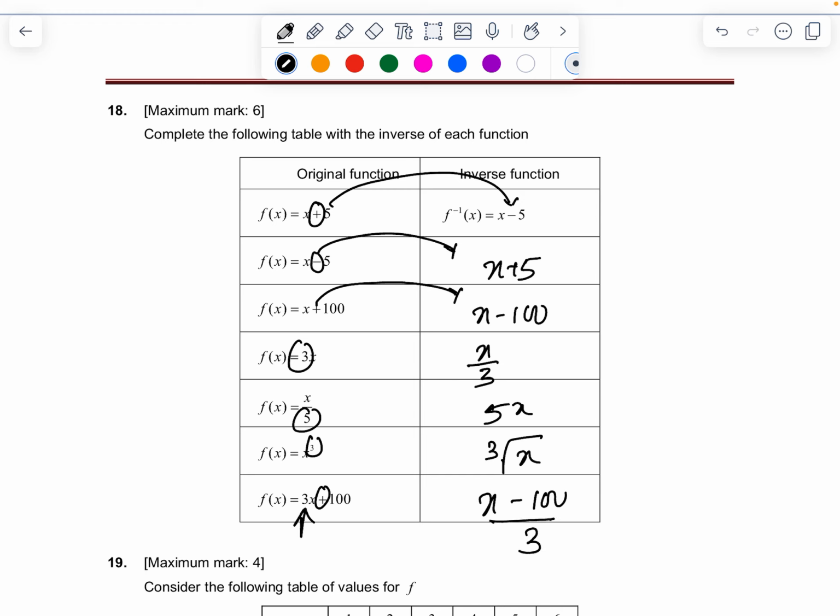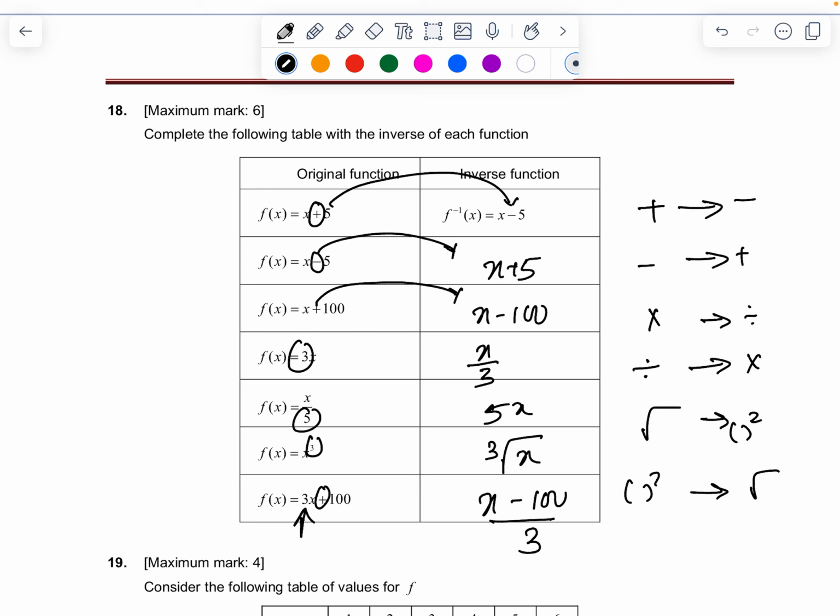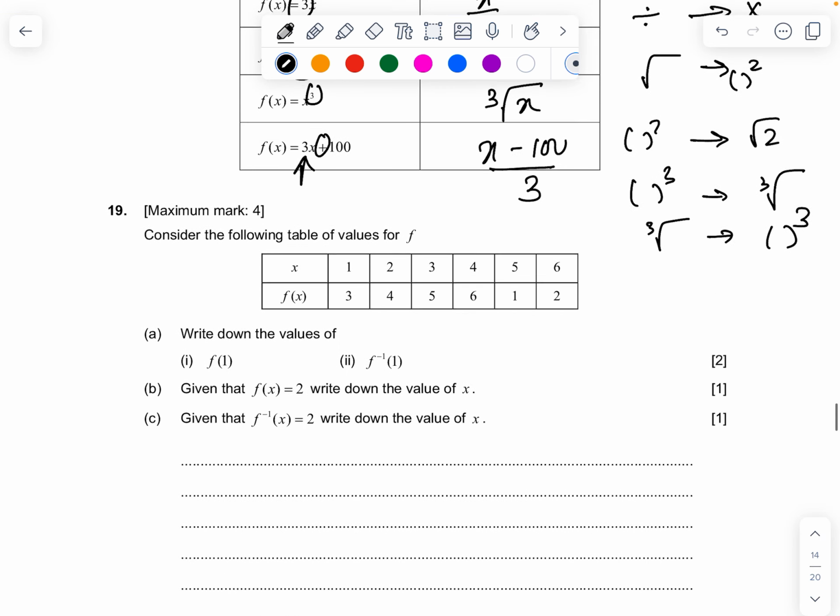Every time in an inverse, the opposite function. Plus becomes minus, minus becomes plus, multiplication becomes division, division becomes multiplication, square root becomes square, square becomes square root, cube becomes cube root, and cube root becomes cube. That is the meaning of inverse.